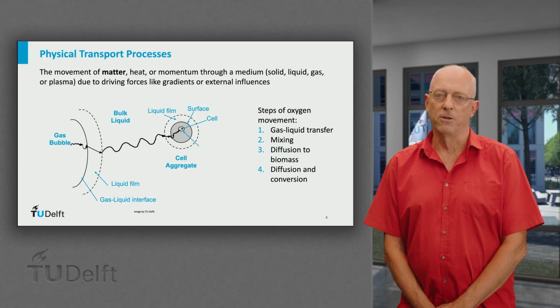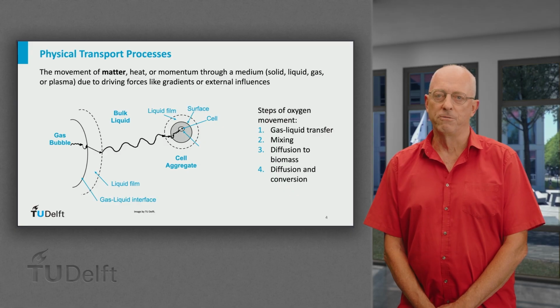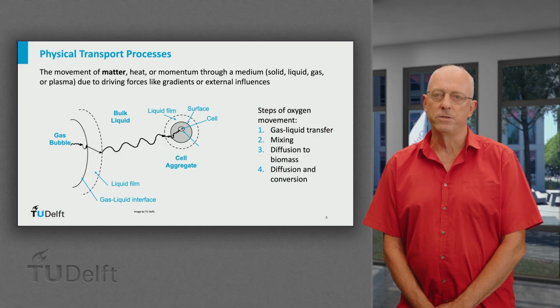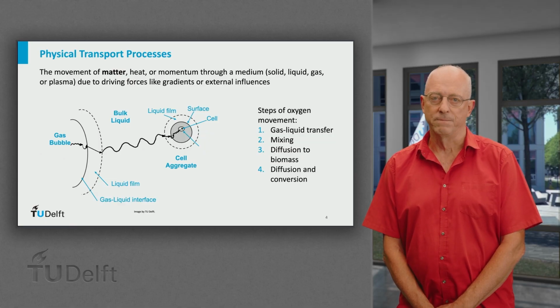From the liquid phase, there is diffusion to the biomass. Oxygen reaches bacterial flocs or biofilms, passing through another stagnant liquid layer. Diffusion and conversion are happening inside the floc. Oxygen diffuses while being consumed by bacteria. Each step, the gas-liquid exchange, the mixing, the diffusion, and within the biomass aggregates, shapes the oxygen concentration the bacteria finally experience.